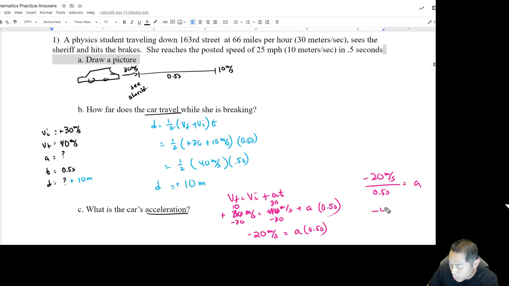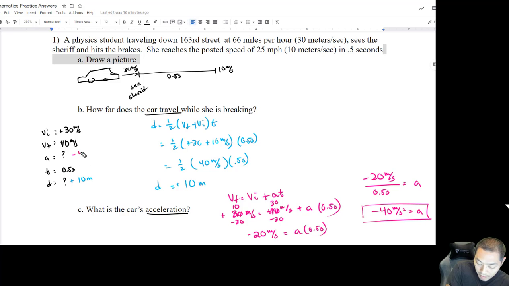You get negative 40 meters per second squared equals A. Meters per second squared is the correct unit for A, and now we have both A and D. So it's actually pretty straightforward once you fill it in. It's a good habit to draw it out, and once you draw it out, it's fairly straightforward after that.